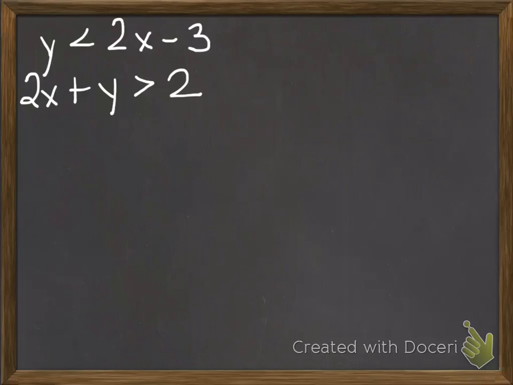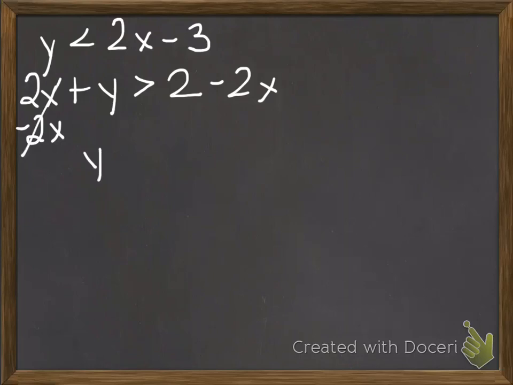So what does that mean as of this point? What do you need to do? You're going to have to take the second inequality and put it into y equals mx plus b form, because right now you don't have that. You've got y on one side and 2x on the same side, and you can't have that. So the first thing you need to do is move that 2x over to this side.